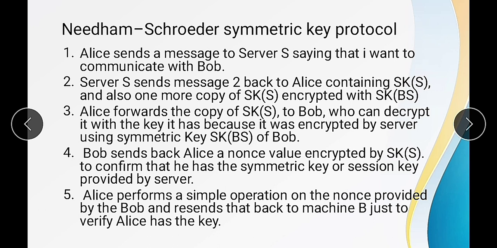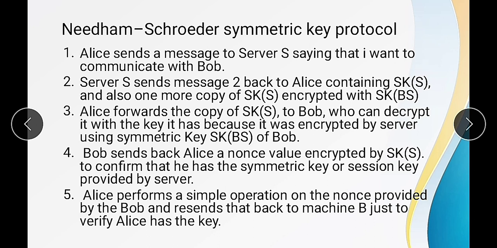Alice by the server. Now Alice will forward this copy of the key to Bob, who can decrypt the message with his key. How? As the server is the machine which is placed between Alice and Bob, it has both Alice's key and also Bob's key.